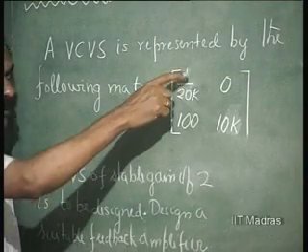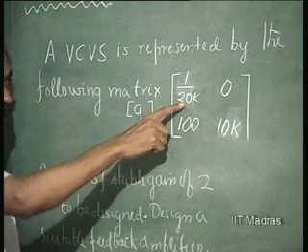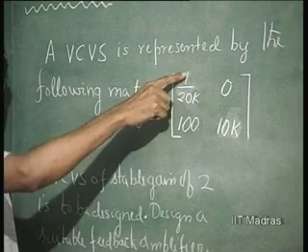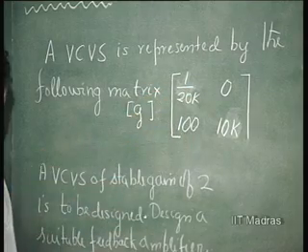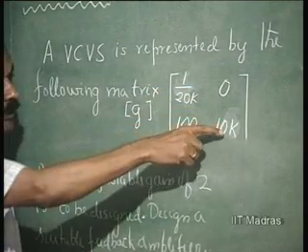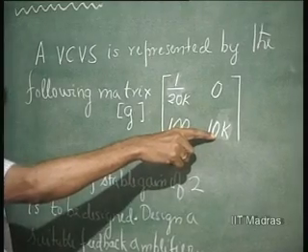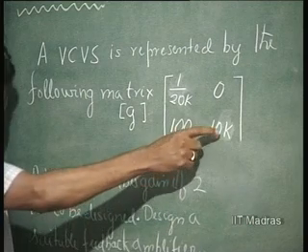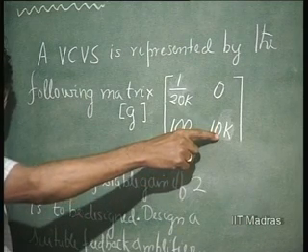It has an input resistance of 20 k, which is 1 over Gi, and an output resistance of 10 k. This is the short circuit output resistance.